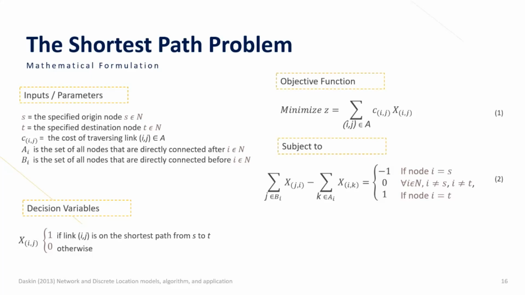For the sake of this formulation, you need an additional parameter that defines a set of nodes. You have the set of nodes N, then you make subsets of nodes associated with each node to represent which nodes are directly connected before and after that particular node.